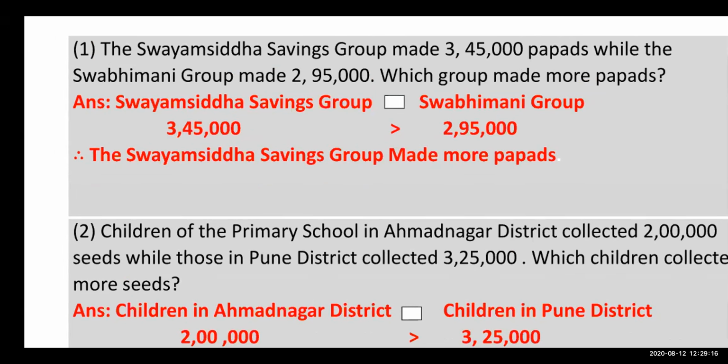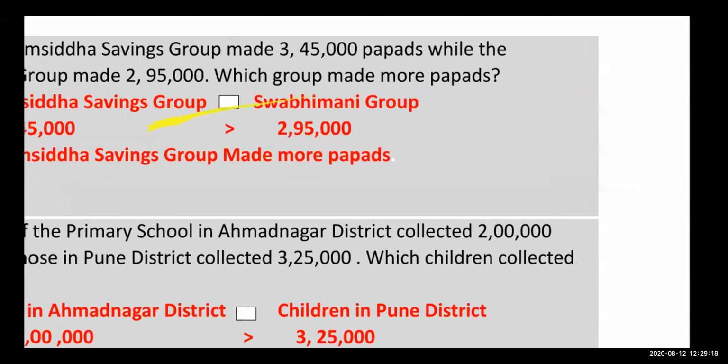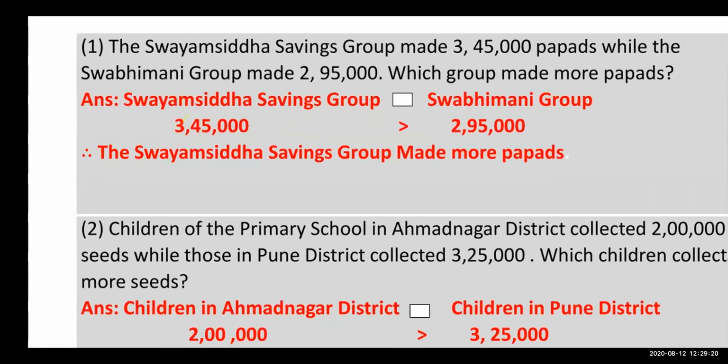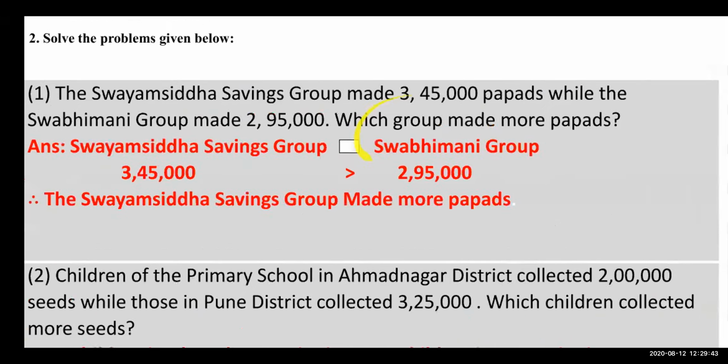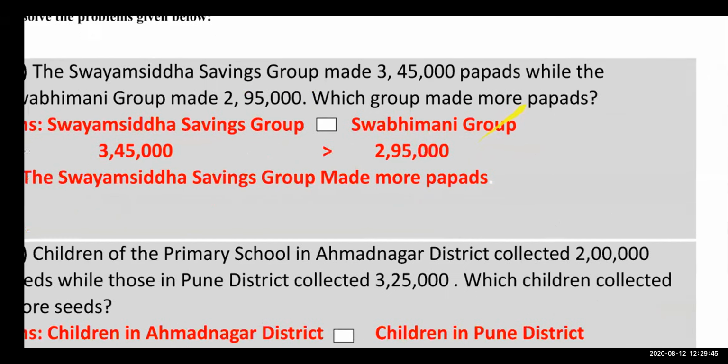So answer is what? Swayam Siddha Saving Group. Which number is bigger, 3 lakhs or 2 lakhs? Obviously 3 lakhs. So the Swayam Siddha Saving Group made more papads. Okay, and the sign will like this only. ठीक है, ये साइन आने वाला है.